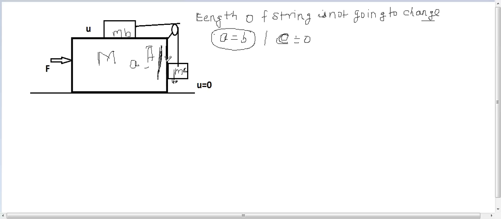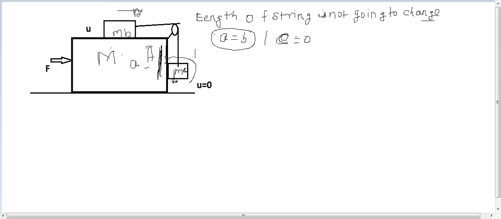So if there is no relative motion, the acceleration of A along this vertical direction is 0, so this must be in a stationary state along this, and the accelerations of A and B should be the same along this x-axis. So this is the meaning.